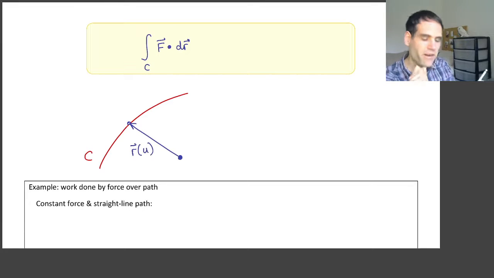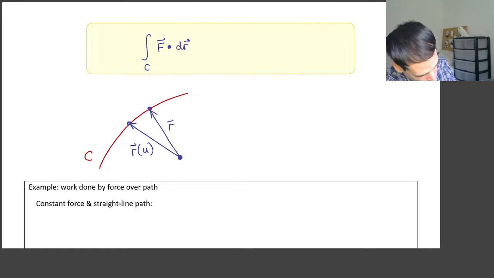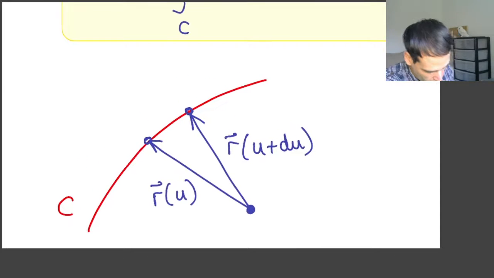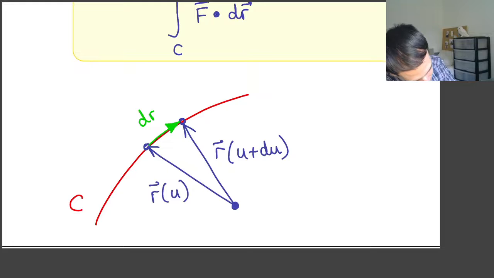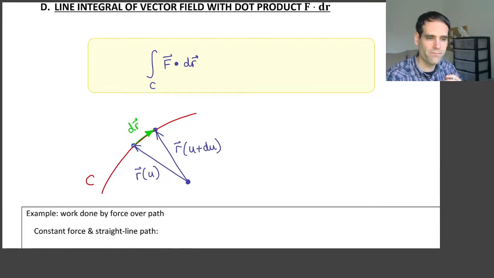And now we increase the parameter by an amount du. So therefore we move along the curve to a certain place here, so this will be r of u plus du. We have moved along the curve by this vector, and this vector we can call dr vector.